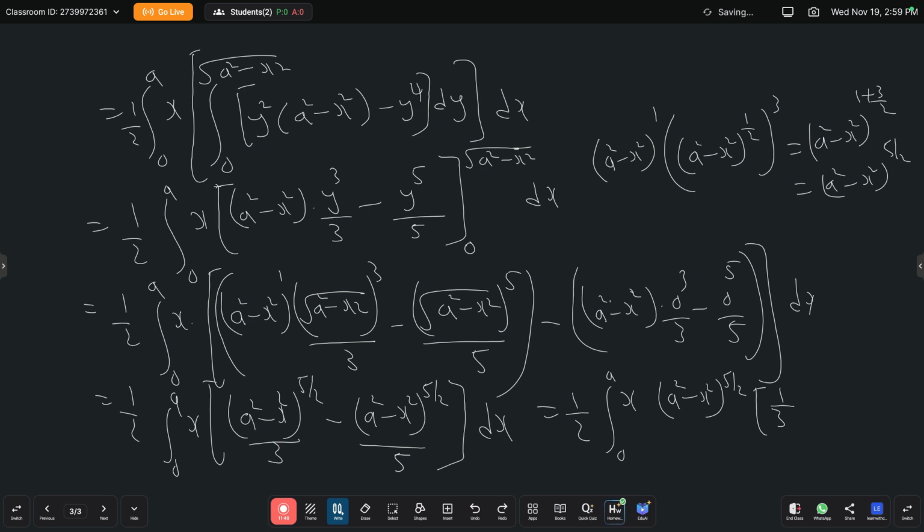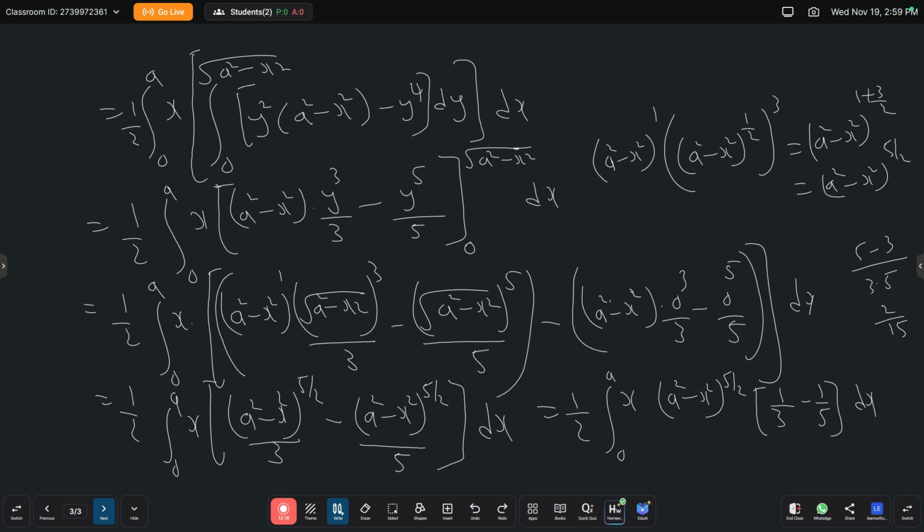In the second term 1 by 5 is remaining. So 1 by 3 minus 1 by 5, into dx. 3 into 5 is the LCM, so 5 minus 3, which is 2 by 15, which is a constant, so it can be written outside the integration.